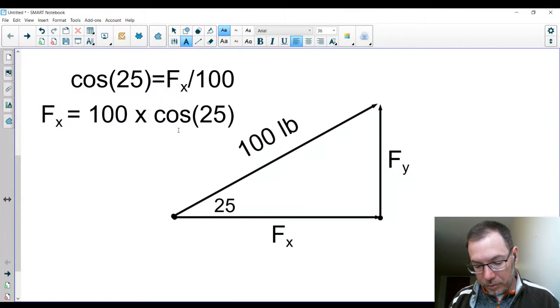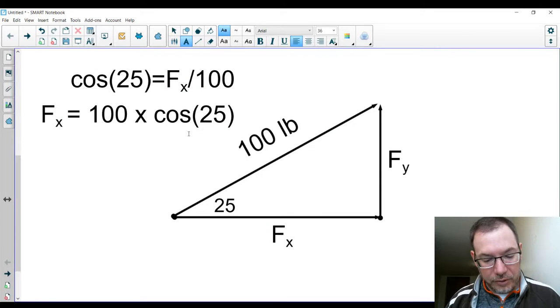I'm going to pull up my calculator real quick, and we'll do that calculation. So cosine of 25 times 100. Well, cosine of 25 is going to be 0.906.